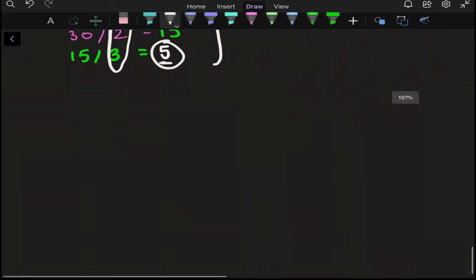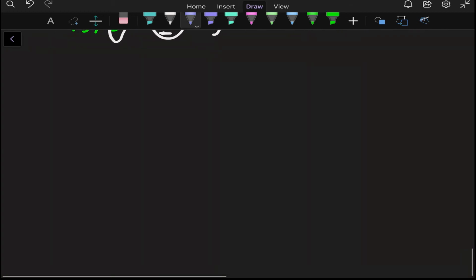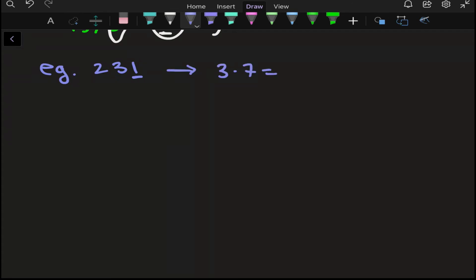Okay, so let's try one more example. So we're going to write 231 as a product of primes. Now this one ends in an odd number, so we're going to try something new again, right? So remember from above, it ended in a 1, and we know that 3 times 7 is equal to 21. So we're going to take the smaller of the 2, 3.